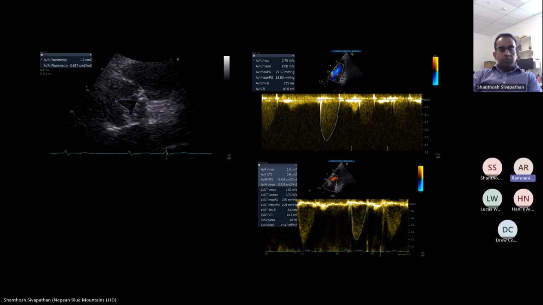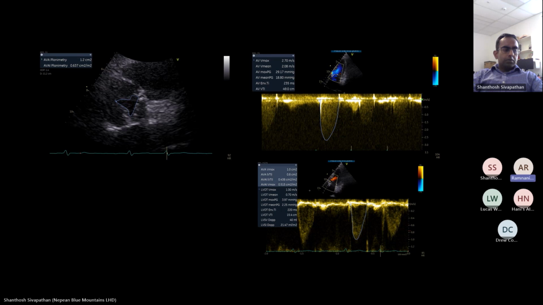The second image also, just looking at the shape of the continuous wave Doppler through the aortic valve, has both opening and closing click, and it is a bit more rounded than what I would like for a normal valve. Just commenting on the shape at the moment. Looking at the area, the mean gradient is 18 and the max pressure gradient is 29.